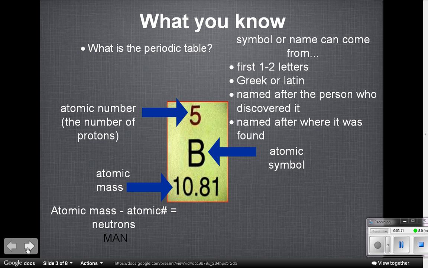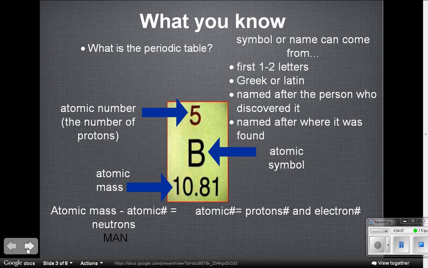Okay, one way I remember this is by just using an acronym MAN. M meaning atomic mass, A atomic number, N neutrons. Another one. Atomic number equals the number of protons, and it also equals the number of electrons.